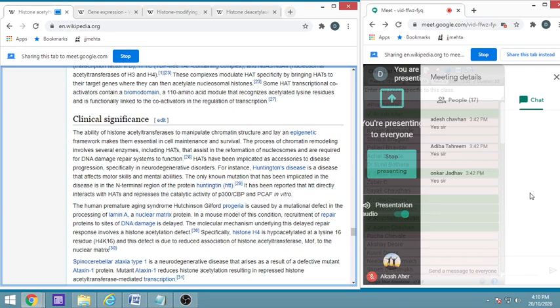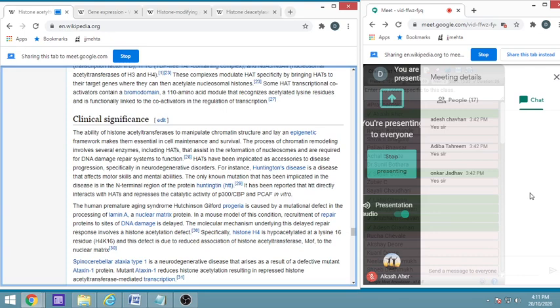It is caused by a mutational defect in the processing of lamin A, which is a nuclear matrix protein, and the recruitment of repair proteins to the sites of DNA damage is not there, or it is delayed. That causes problems, particularly histone acetylation defects, and histone H4 is not properly acetylated, or it is hypoacetylated at lysine 16, that is H4K16.